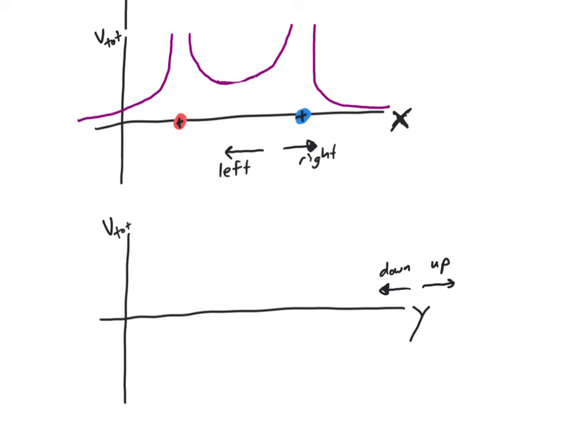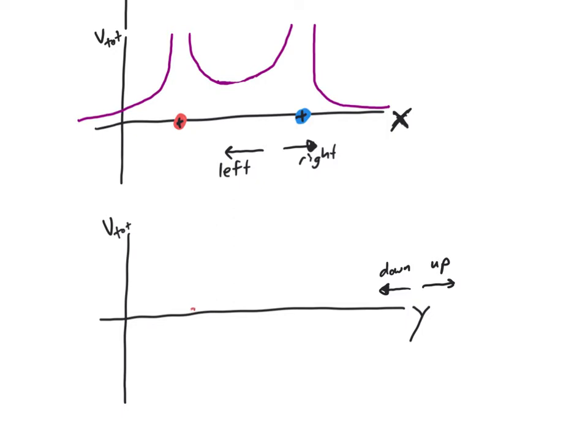Because positive y direction is up, negative y direction is down. That's a common convention, and it's a convention I try to stick to in the warm-up for today. So make sure that if you are saying something is left and right, you're really talking about the x direction. And if something is up and down, you're really talking about the y direction.